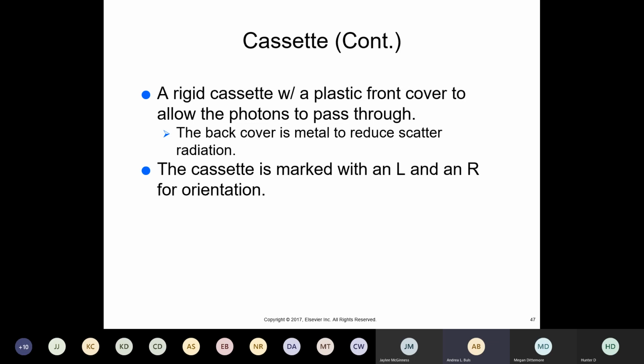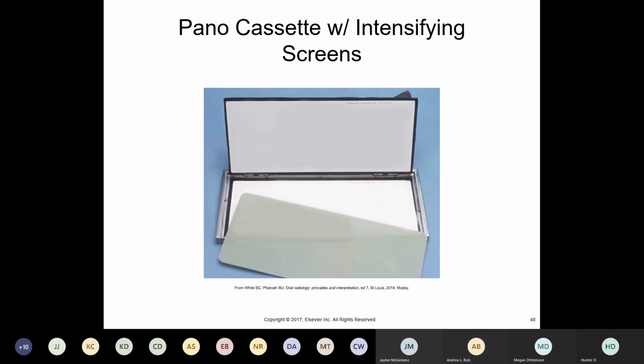On our cassette, there is an L and an R at the very bottom corners, so that when you take that image and you pull it out, it's marked, so you know left and right. Otherwise, it would be really easy again to have it incorrectly oriented, and it could cause the dentist to work in the wrong area.